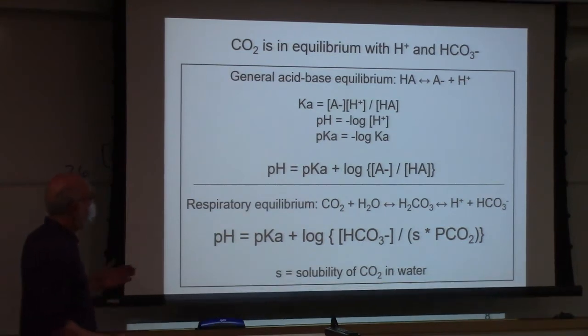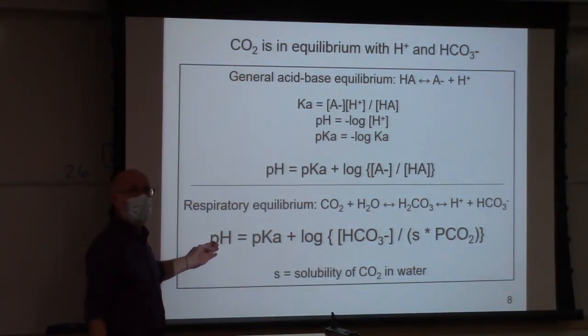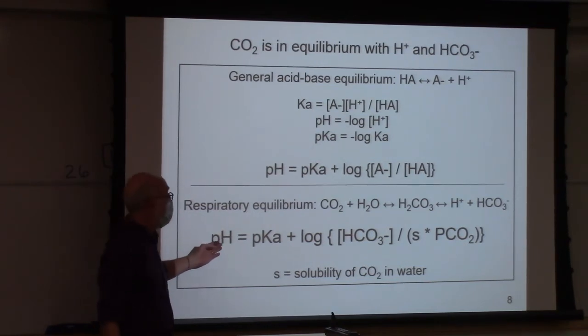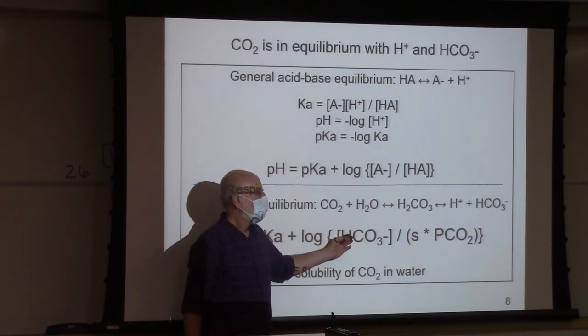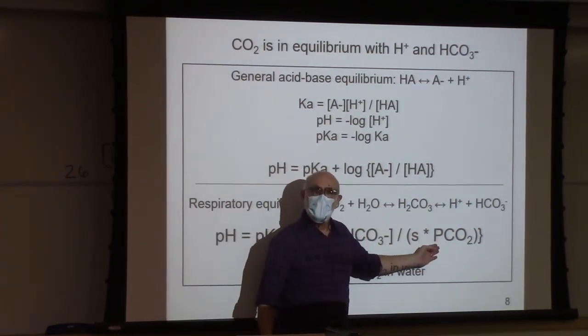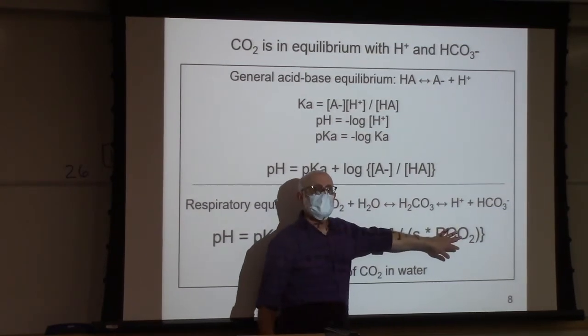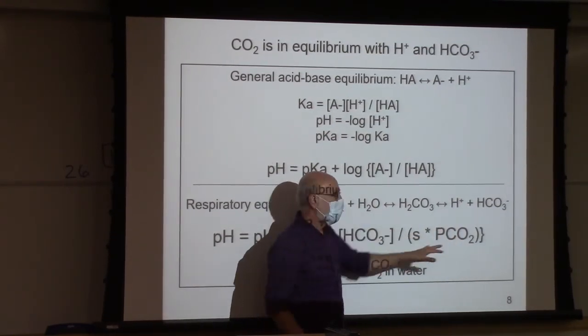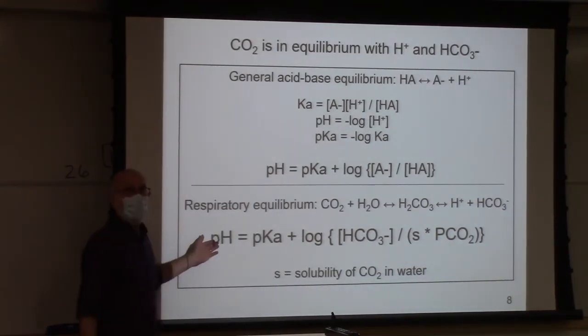The Henderson-Hasselbalch equation is a relationship between pH, which we plot on the x-axis, and bicarbonate concentration, which we plot on the y-axis, at a given partial pressure of CO2. So we say, okay, given a partial pressure of CO2, there is a relationship between bicarbonate concentration and pH.